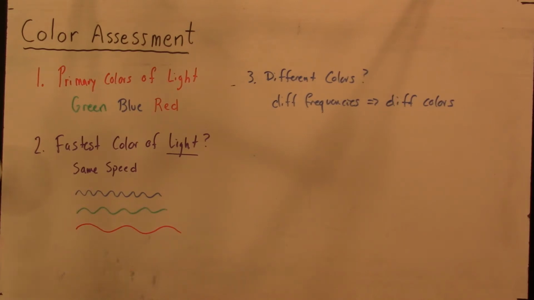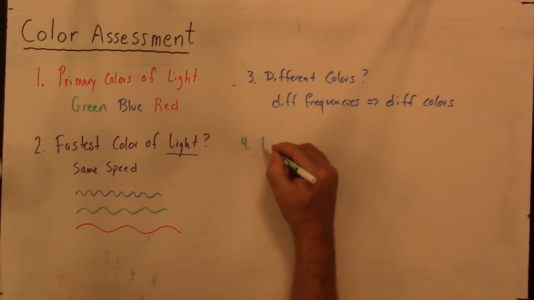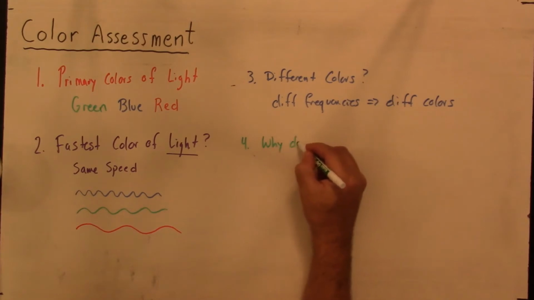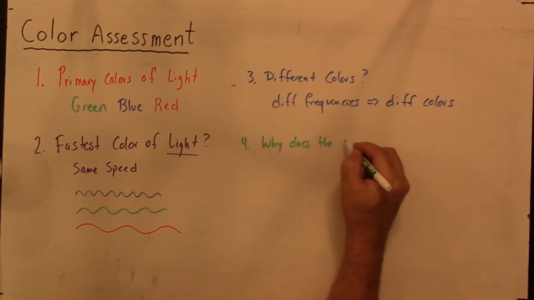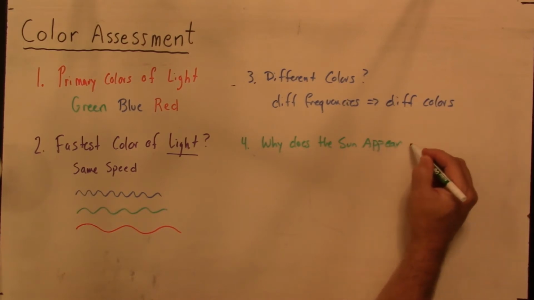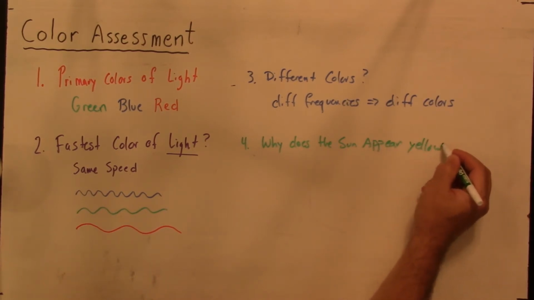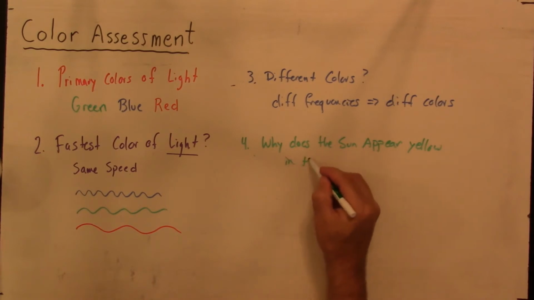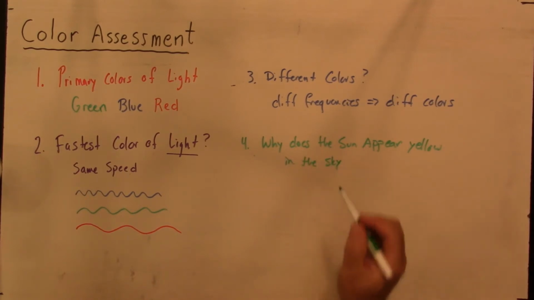All right, let's look at number 4. Number 4 says, when seen above the atmosphere, the sun is white. Why does it look yellow in the sky? Oh, that's a great question. So we can actually answer this question just using our red, blue, and green.